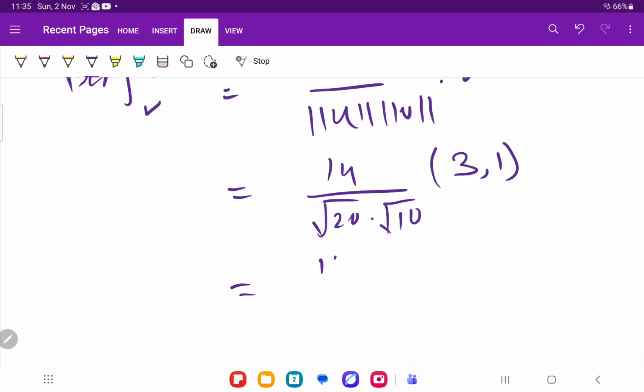So 14 divided by square root of 20 and square root of 10. 20 multiplied by 10 is 200. The power will be shared, the power will be on both. We can multiply because both of the numbers have the square root.